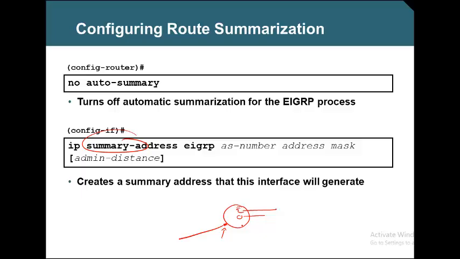EIGRP is 90. Now what you can do is to make EIGRP less priority, go and put administrative distance here 190 so that you can achieve the policy. As long as OSPF is available, EIGRP will not be effective. Though EIGRP is still there, it won't be effective. And when OSPF goes down, automatically this will be appearing in the routing table. Administrative distance is only when you have multiple routing protocols, only when you have multiple routing protocols with the same set of prefixes.